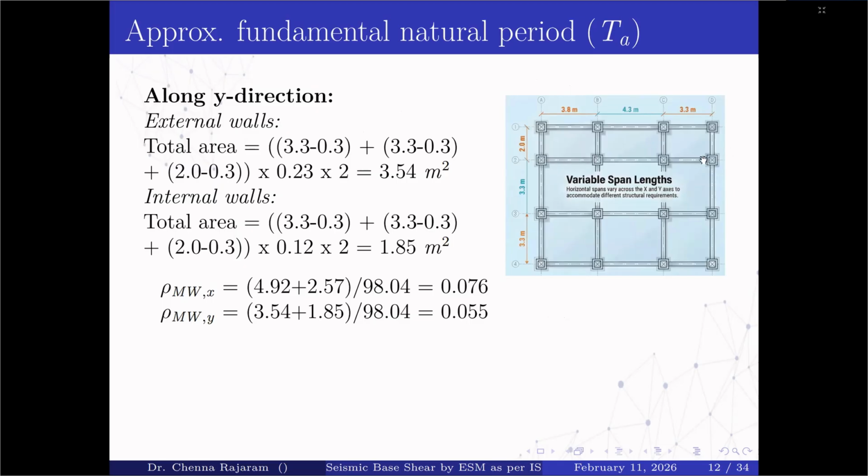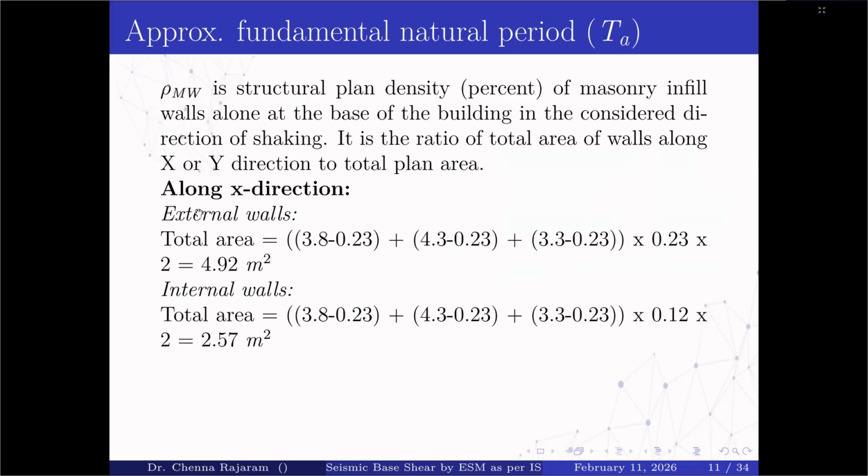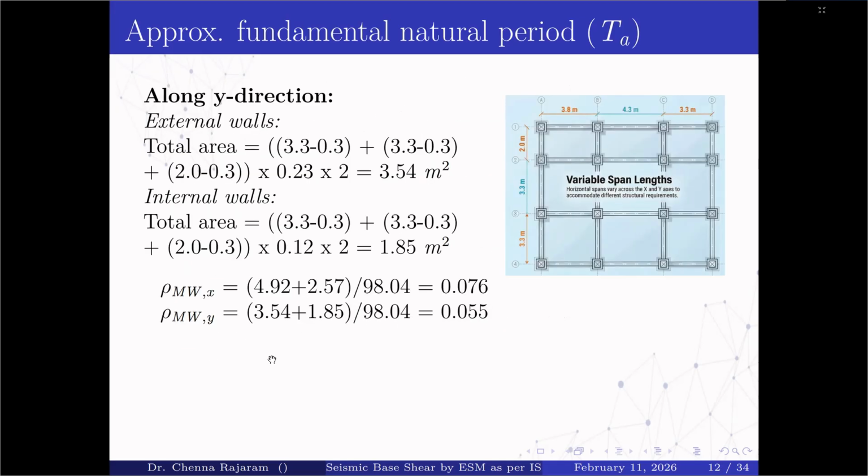This length we already calculated. How many lengths in this direction? This is one and this is another, so total 2. So the external wall and internal wall areas along x direction are 4.92 meter square and 2.52 meter square.